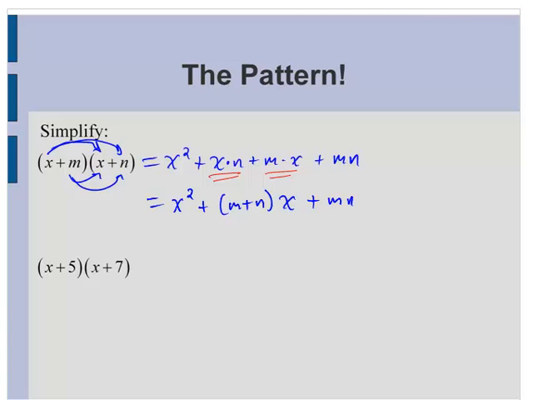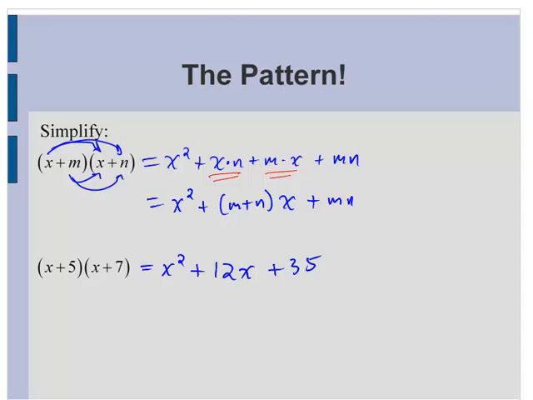And so for example, if I had x plus 5 times x plus 7, I can simply write that as x squared plus 5 plus 7, 12x, plus 35, 5 times 7.